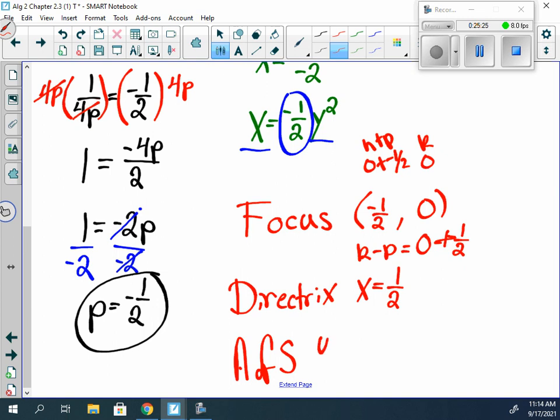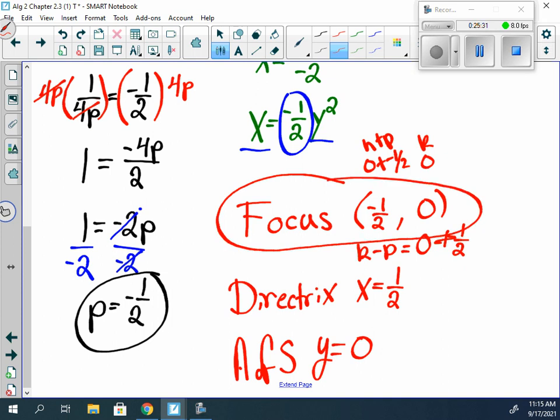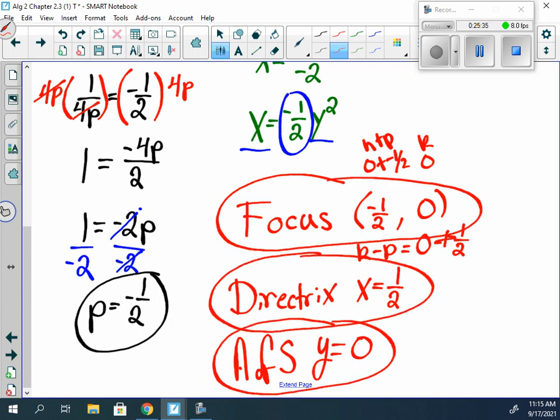And the axis of symmetry is y is equal to k, which would be 0. And that's it. Questions on this here?